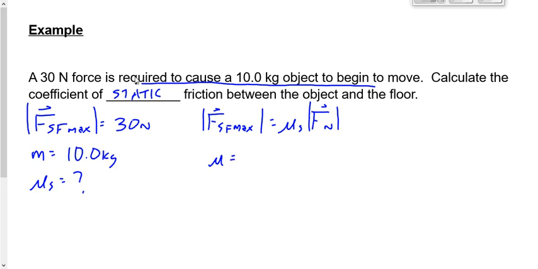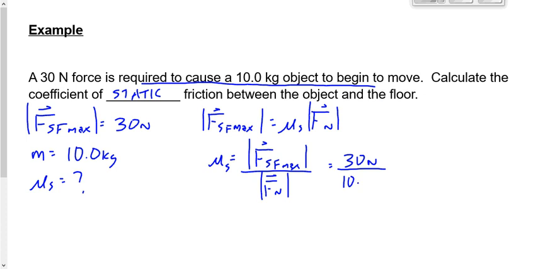We know FSF max right now, and we can find Fn by saying M times G pretty easily. We're going to say FSF max is 30 newtons, divided by Fn, which is 10 times 9.81. That's 30 divided by 98.1. That gives me a value of 0.31 with no units.